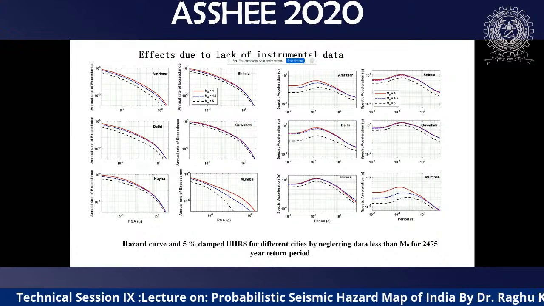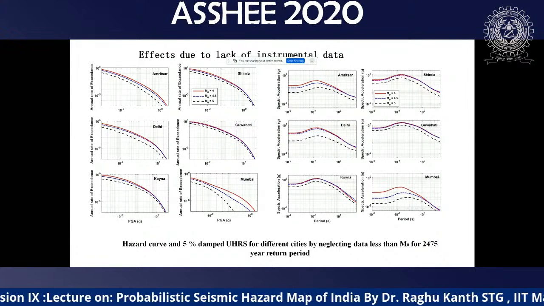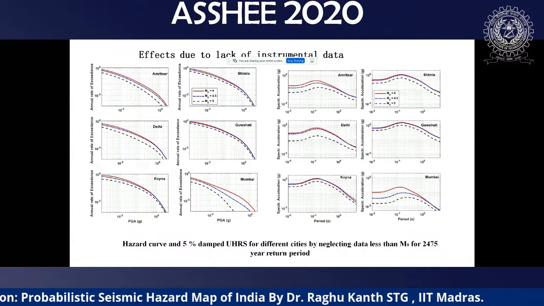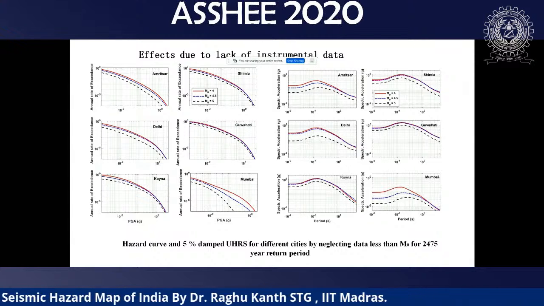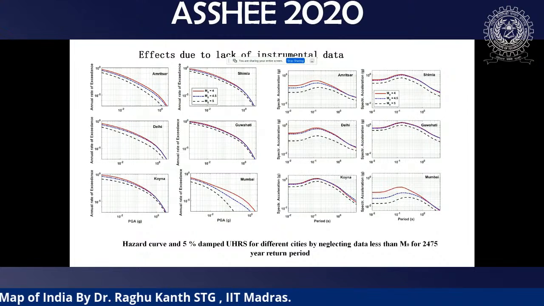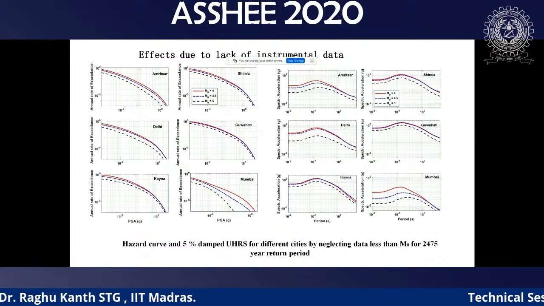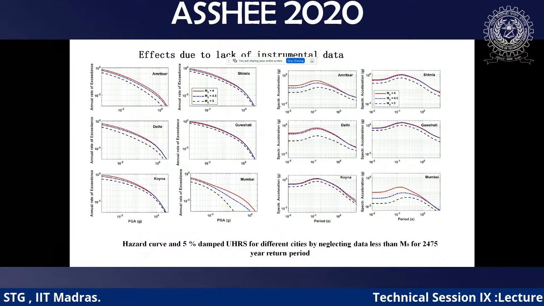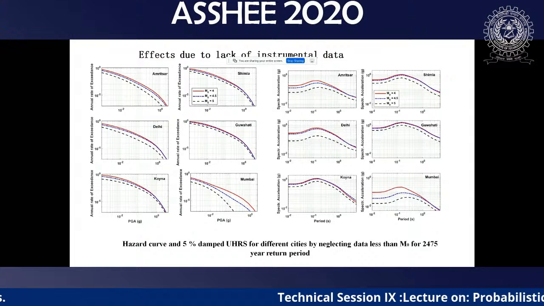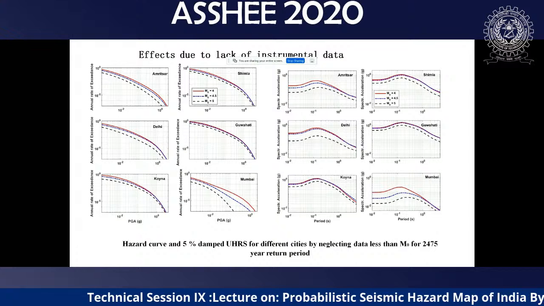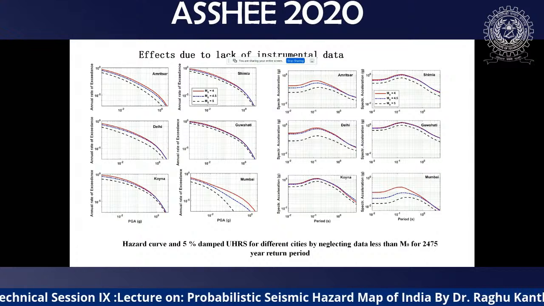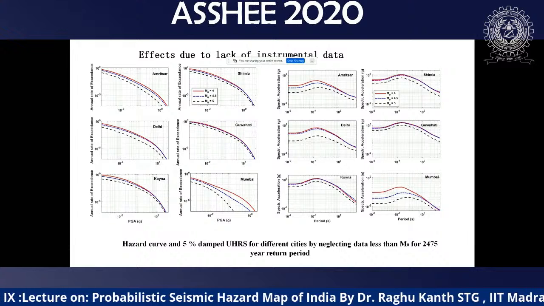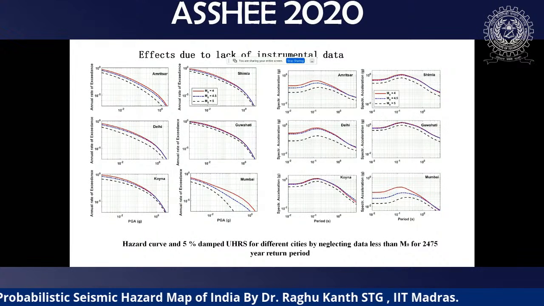So here also we did some kind of sensitivity study. Like, if I delete from my catalog all earthquakes more than 4.5, then what happens in the hazard? If I delete magnitude 5, what happens in the hazard? That sensitivity study also we have done, and we found out that in Bombay and some cities, if there is a lack of instrumental data, we'll have huge deviations at the large return periods itself.